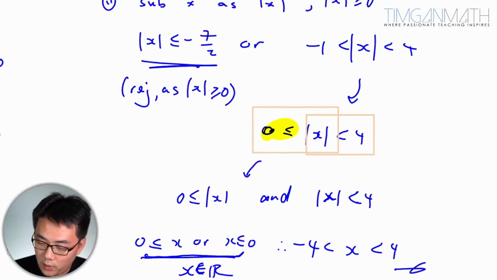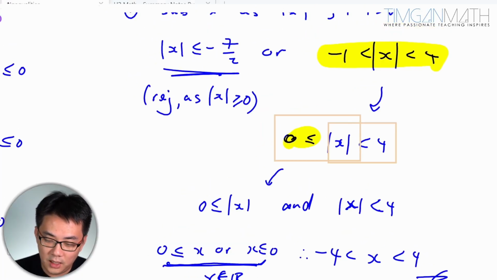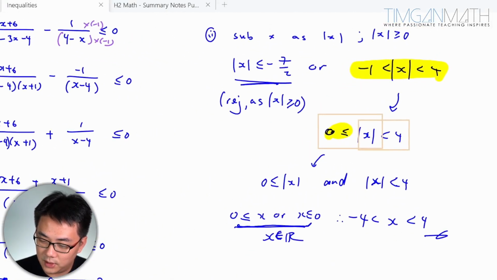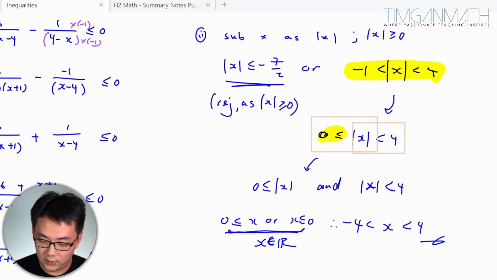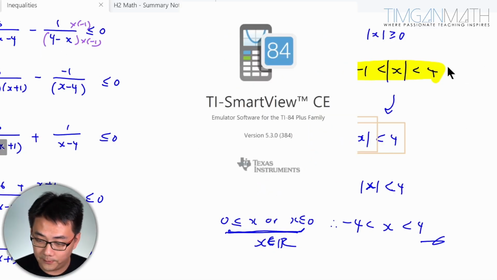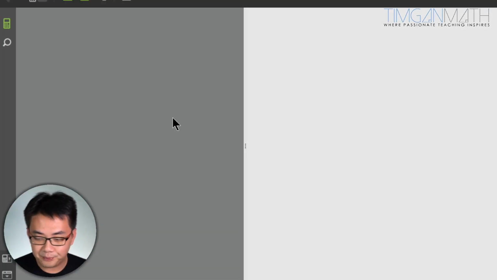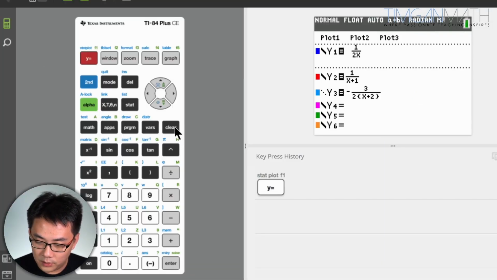So the question now is, how do we make sense of this? If you're confused, you just draw a modulus line using a graphing calculator. The modulus x graph looks like a V shape, with vertex at 0. What you actually want is to solve this graph here.